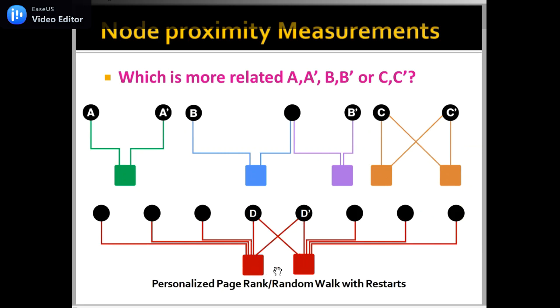D and D prime also share common neighbors, but these neighbors have interacted with so many other items, compared to this one, whose common neighbors only interact with C and C prime. So this is less informative, because if this user just loves everything, then the information we get from this user liking one specific item is very small.